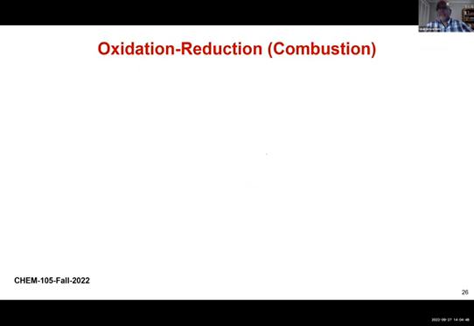There are other redox reactions. We talked about single displacement reaction before.